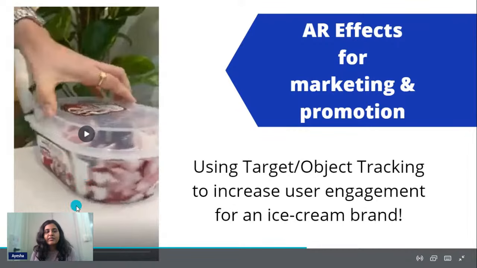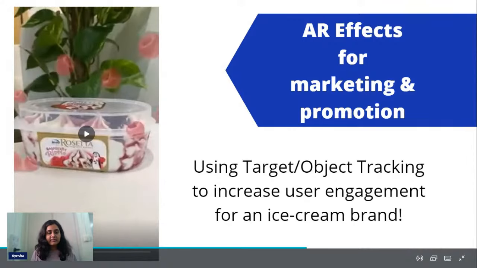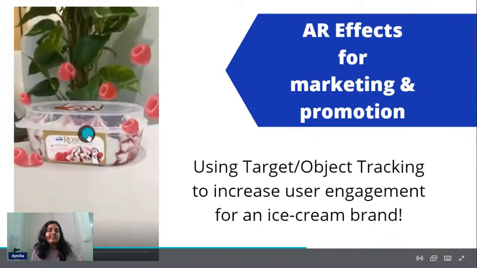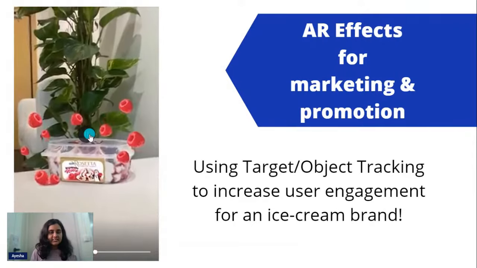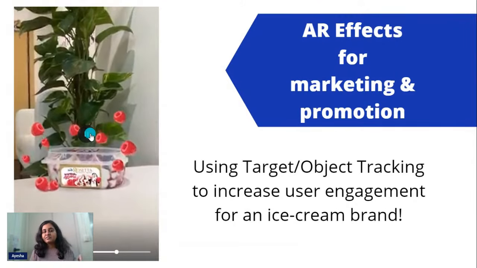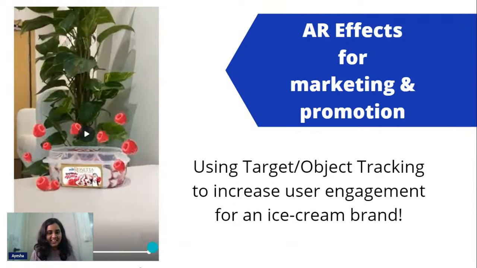You can see that whenever a person opens the camera and scans this ice cream label, it augments the reality and has floating strawberries and cranberries. So this is what augmented reality actually is, and this is a very cool AR effect.